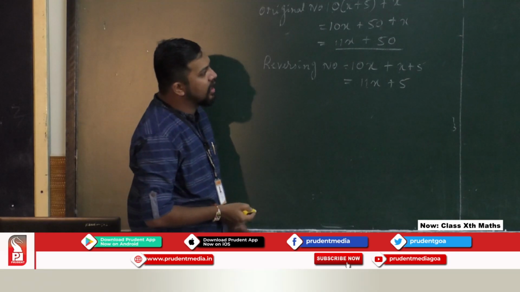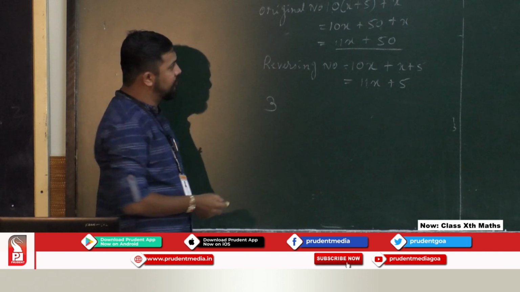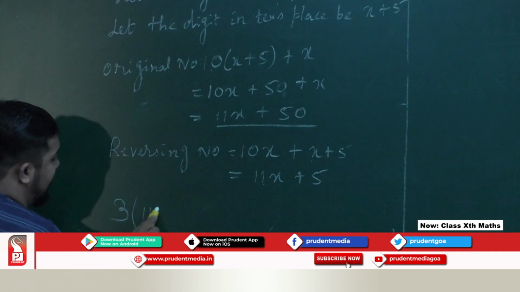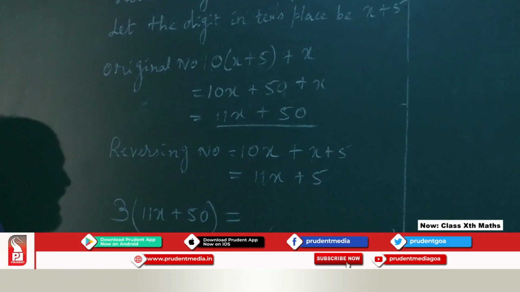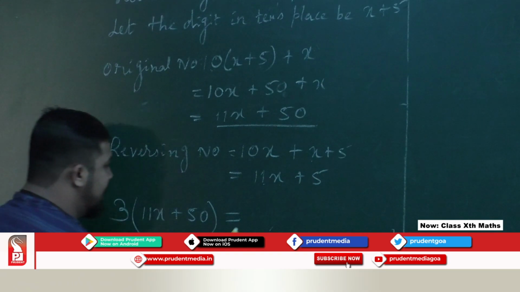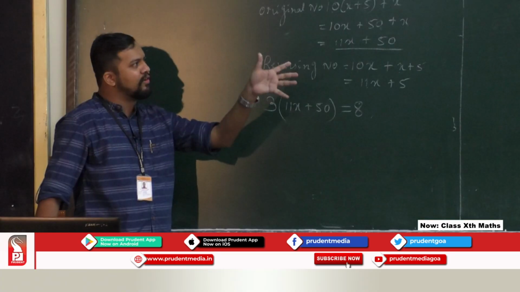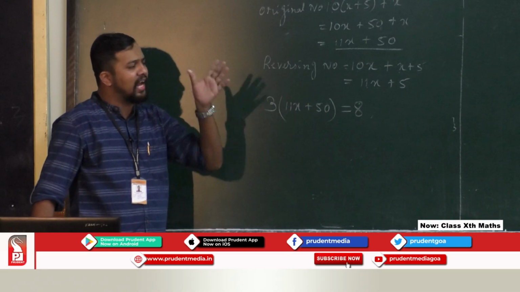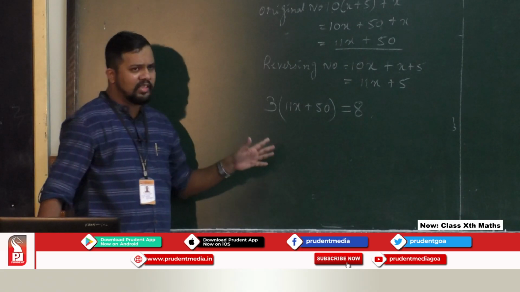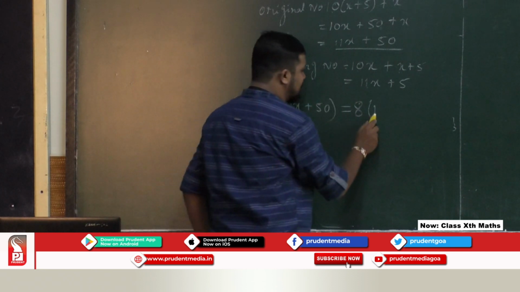If 3 times the number, meaning the original number, 3 times 11x plus 50, is equal to 8 times the number with reversing digit, which is nothing but 8 times the reversing number. The question is slightly confusing. What is my reversing number? 11x plus 5.